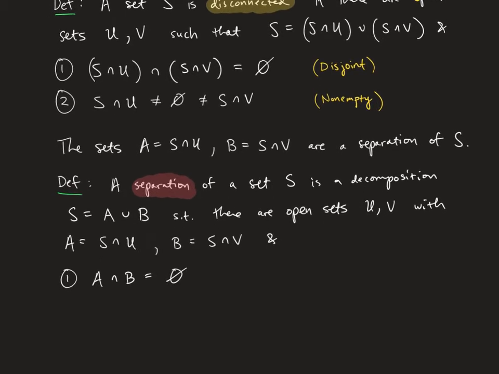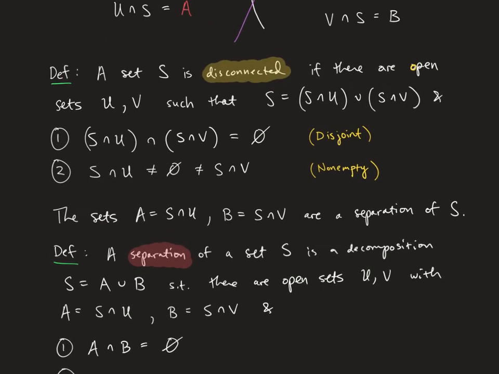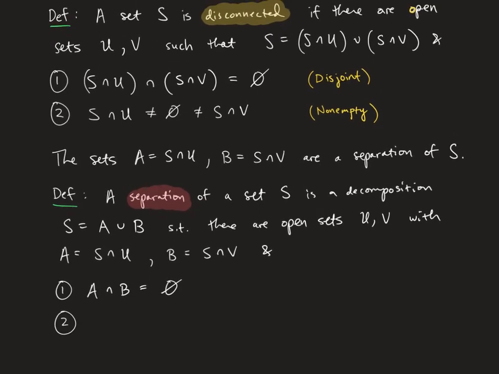We're just rewriting this with a primacy on the sets A and B instead of on the open sets U and V up here. So it's really just rewriting part of that definition. So we have this intersection equal to the empty set, but A is not the empty set and B is not the empty set.